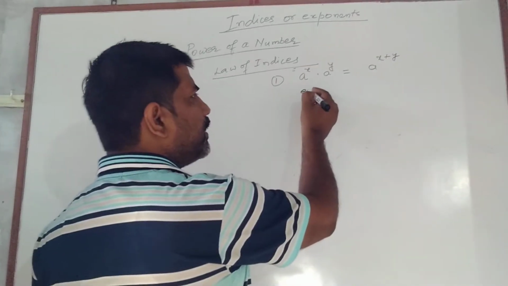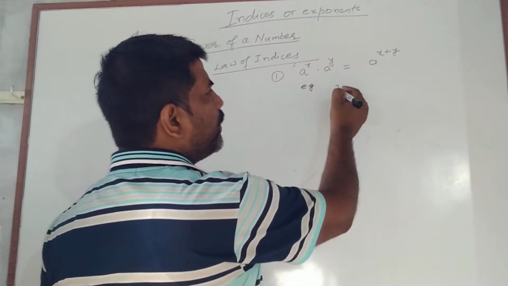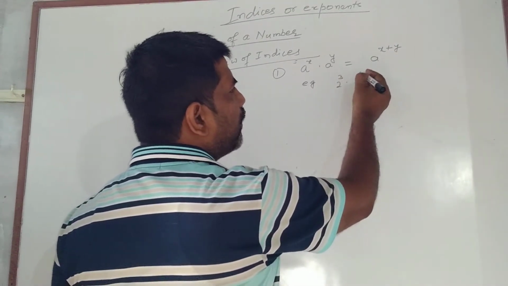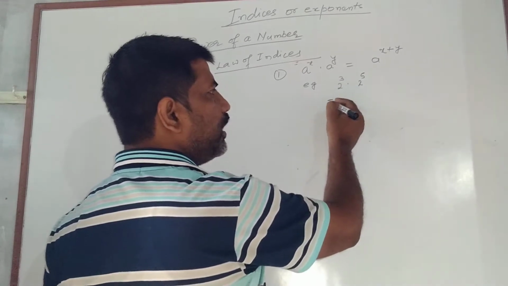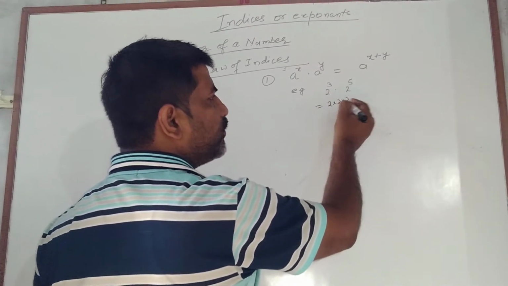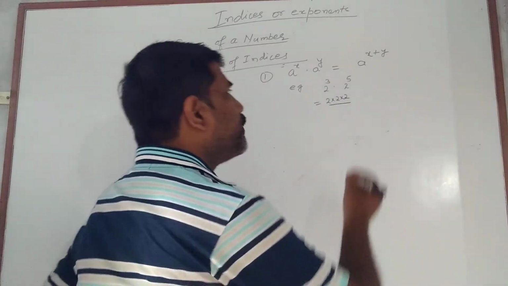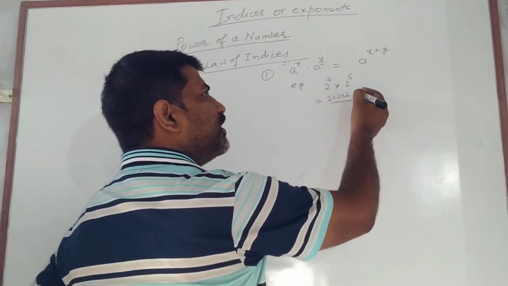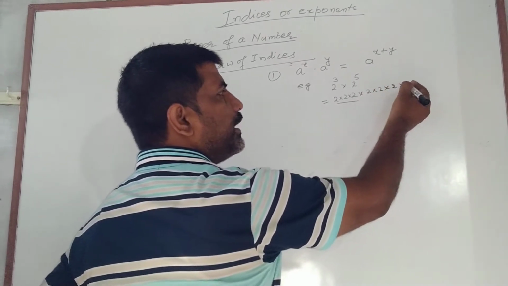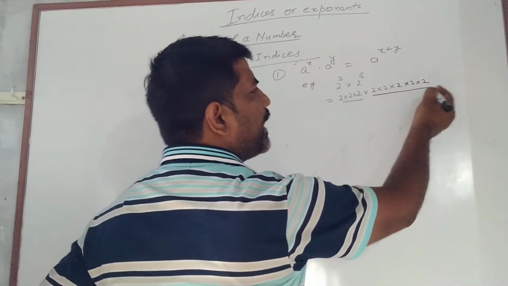For example, if I write 2 to the power 3 into 2 to the power 5. 2 to the power 3 means 2 into 2 into 2, 3 times, and 2 to the power 5 is written as 2 into 2 into 2 into 2 into 2, 5 times.